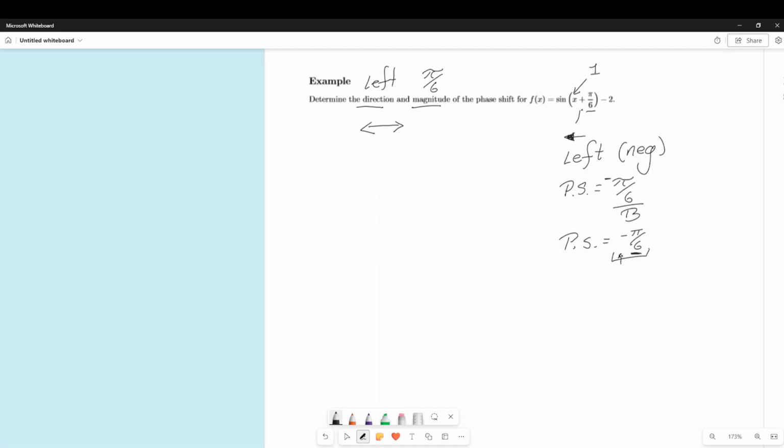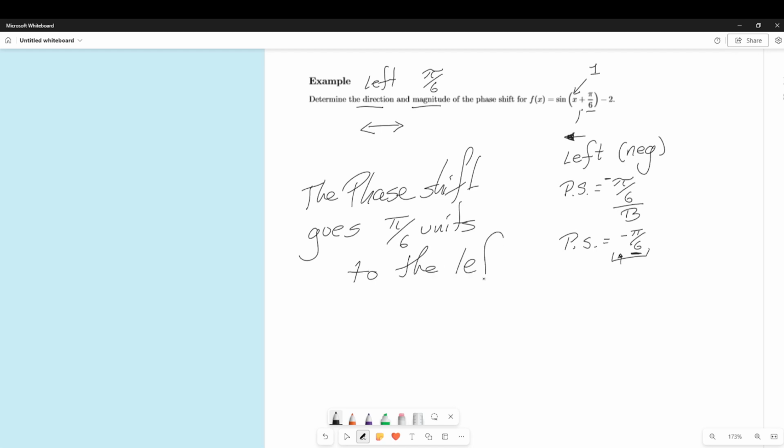In the negative direction, so to the left. So the phase shift goes pi over 6 units to the left.